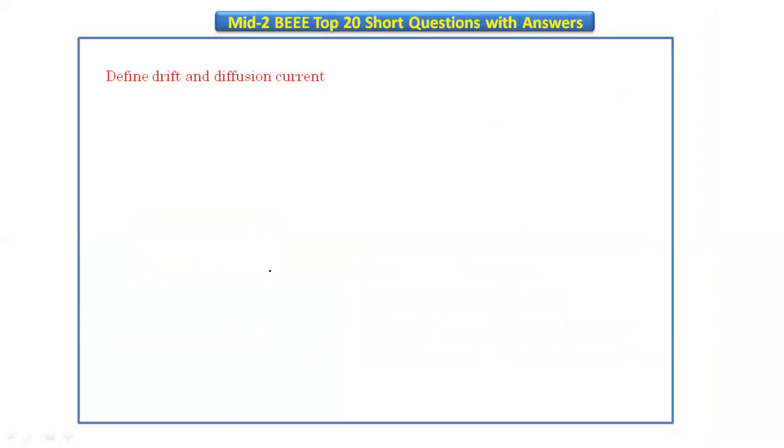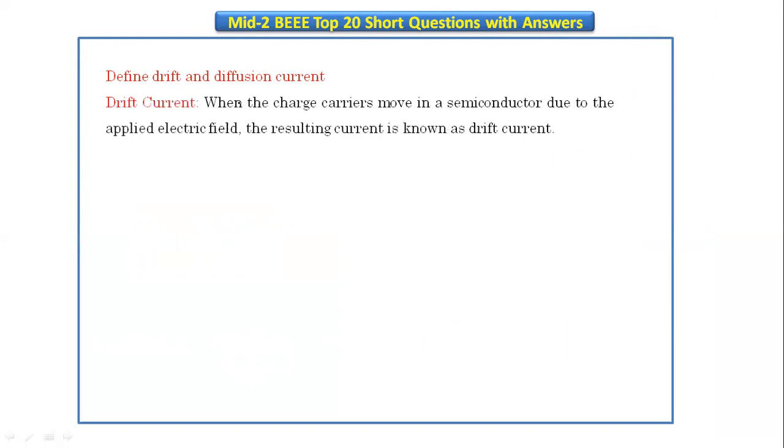Now next is to define drift and diffusion current. First we will discuss what is drift current. When the charge carriers move in a semiconductor due to an applied electric field, the resulting current is known as drift current. It is the current that flows in the semiconductor due to the applied electric field.